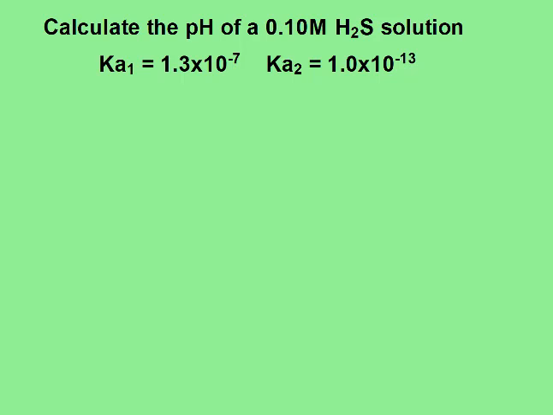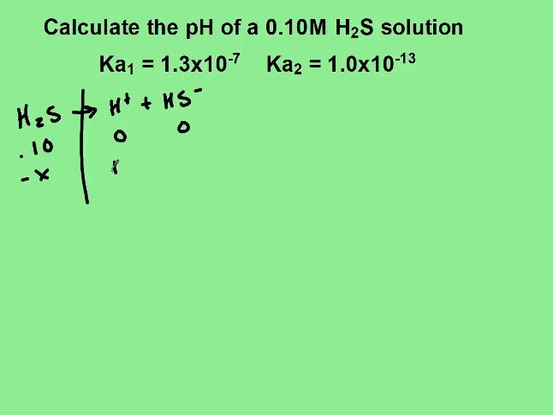Step 1 would be write our dissociation equation. Only one hydrogen can come off, leaving us with HS negative. Just like before, we would set up our rice table. And then plug it into our equilibrium expression.